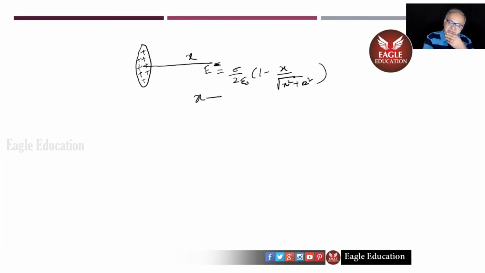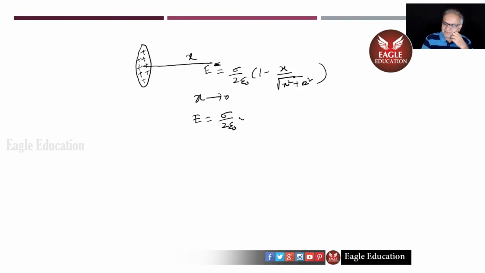X is tending to 0. That E will be sigma by 2 epsilon 0. You ask a question. Now I drill a little extra. If you're having pain, you tell me.